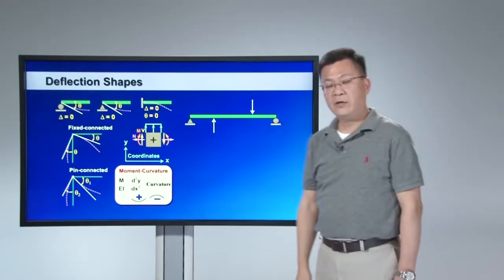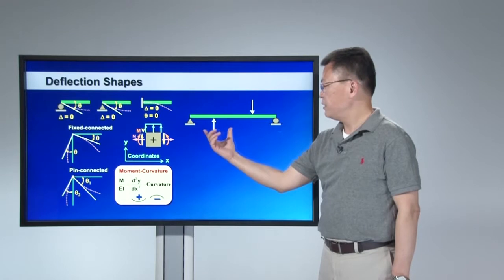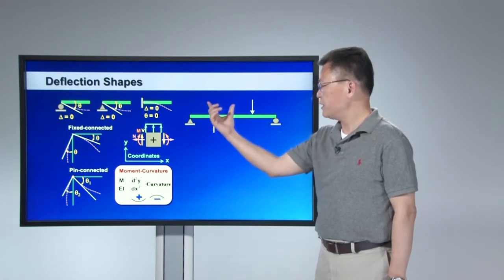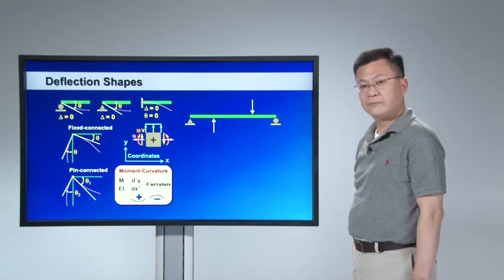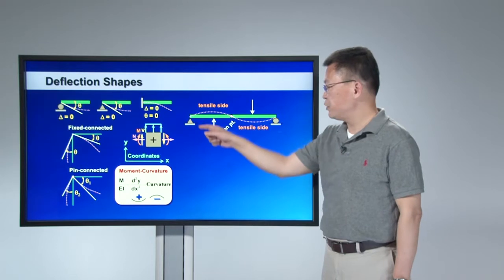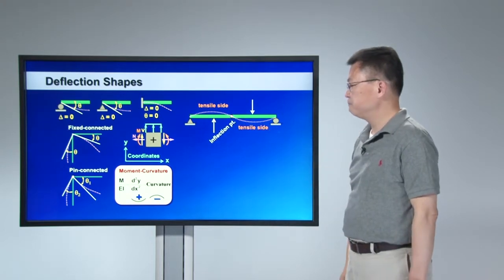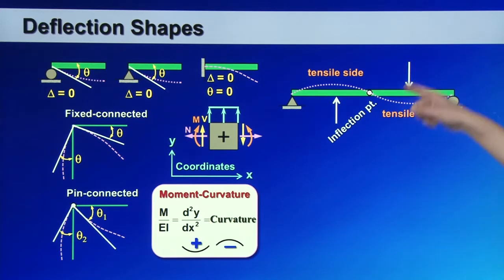And your intuition should tell you that the left side should be pushed upward while the right side should be pushed downward. So you could draw a deflection shape like this. Left side pushed upward while the right side pushed downward.